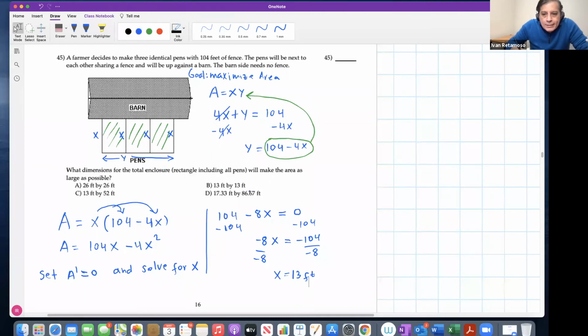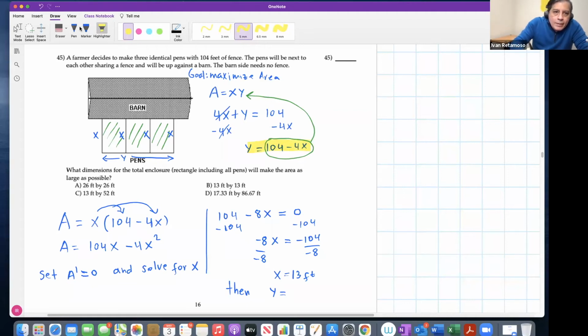But this tells us that then y, the other dimension, should be what? I have here y in terms of x.